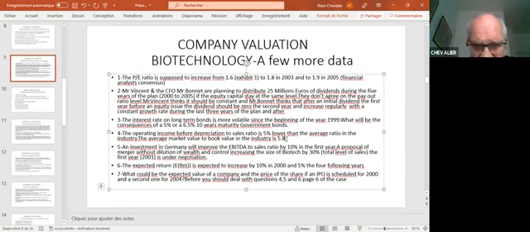Point 7, what could be the expected value of a company and the price of a share if an IPO is scheduled for 2000 and a second one for 2004? Before you should deal with questions 4, 5, and 6, page 6 of the case. So if you go back to the case, you find a few questions.